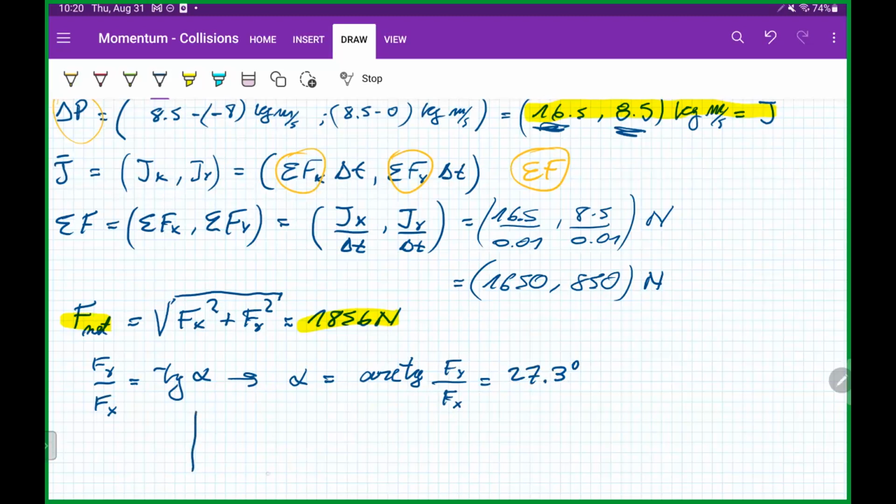So we can say that the force that the foot exerted on the ball was F with an angle of 27.3 degrees and an intensity of 1856 newtons. And this is how we are giving the full answer for this.